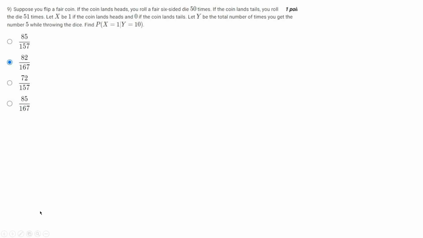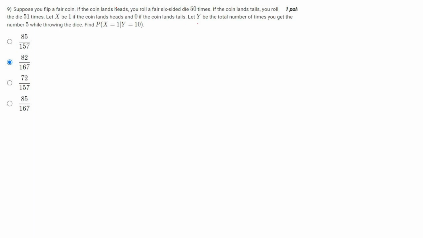Okay, next question. Suppose you flip a coin. If the coin lands head, you roll a fair 6-sided die 50 times. If the coin lands tail, you roll the die 51 times. Let X be 1 if the coin lands on head and 0 if the coin lands tails.